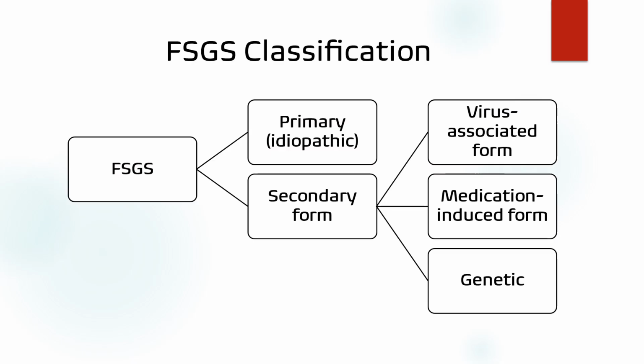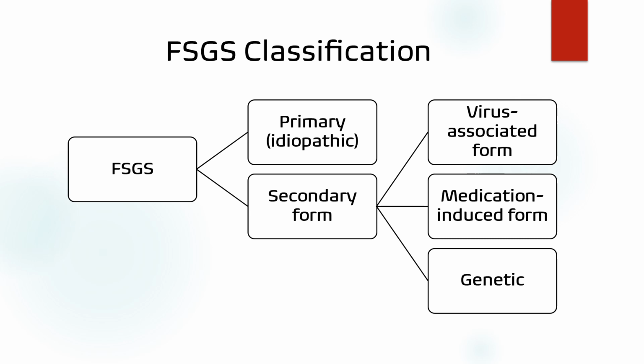It's in context of FSGS classification. So there's a primary form, and a secondary form from a primitive basis. The primary form can be identified as idiopathic, or from an unknown cause.